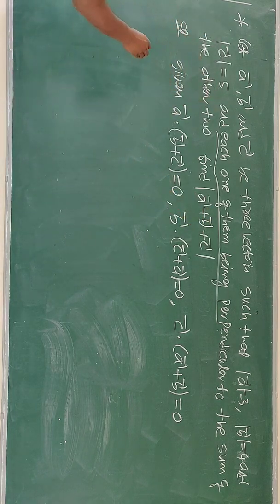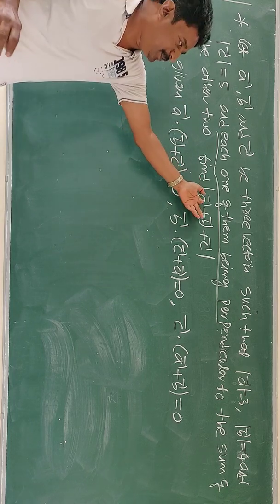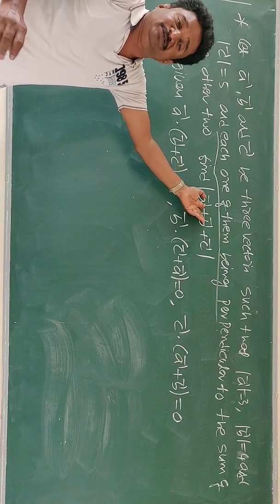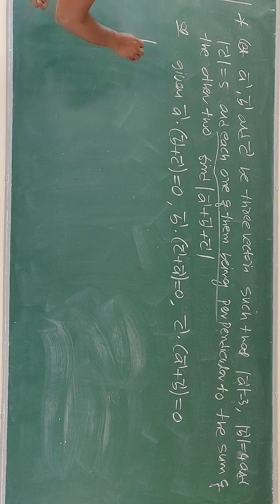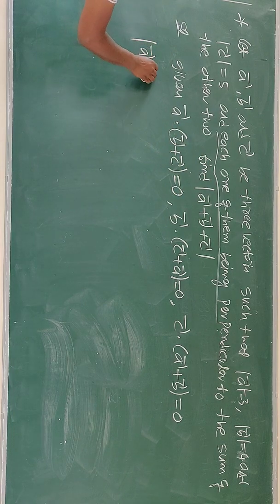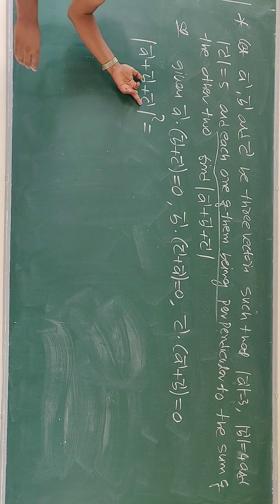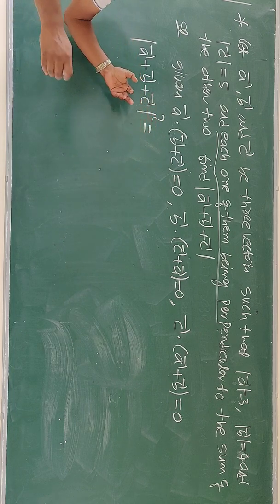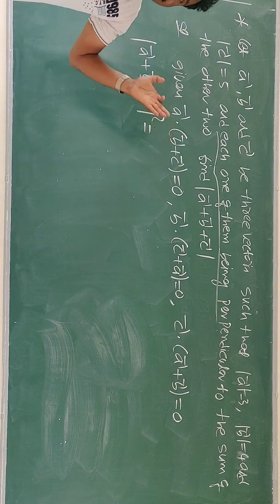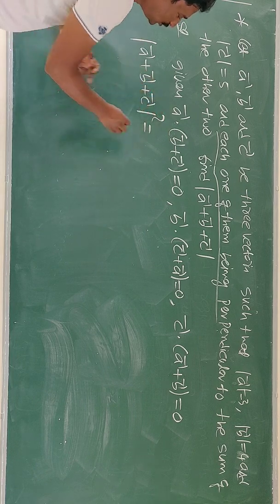So clearly this problem is related to the A plus B plus C whole square formula. But don't write the formula, students; if you write the formula, you won't get it. So write, what is A plus B plus C whole square?